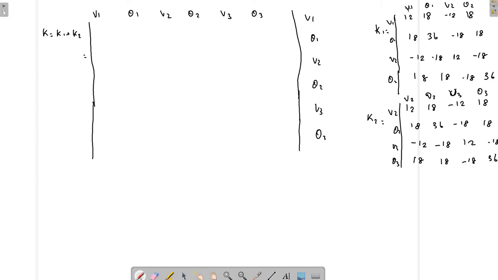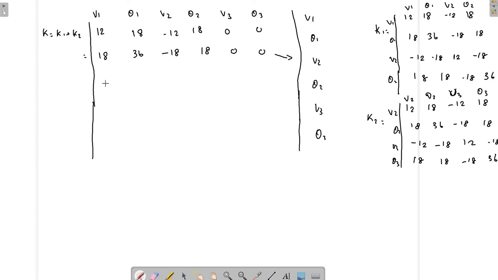V1, V1: we have only the first matrix, so you can undoubtedly fill the values. Theta 1, V1 is 18. V2, theta 2 is minus 12 and 18. Here there is no connection, so 0, 0. The next row, again 18, 36, minus 18 and 18, remaining are 0. It is for V2.